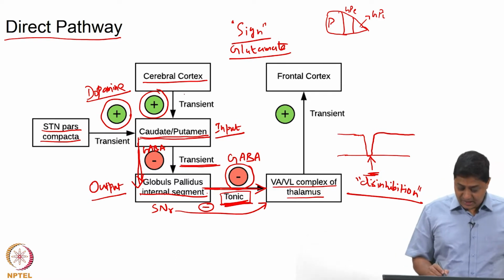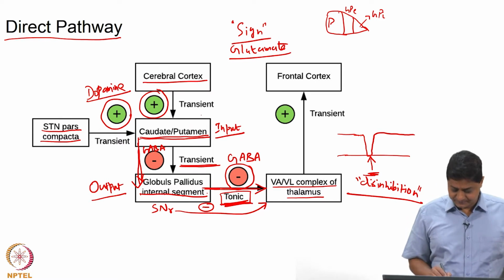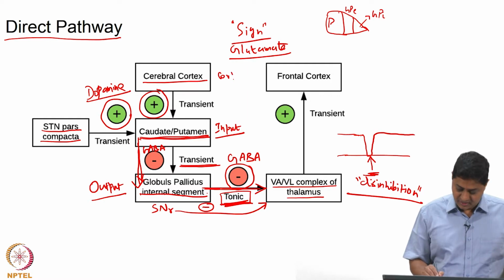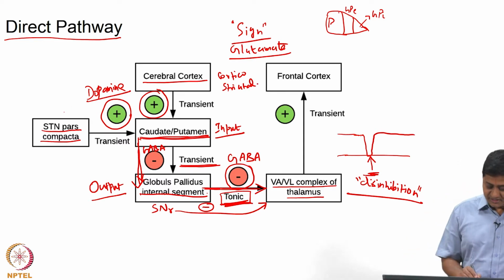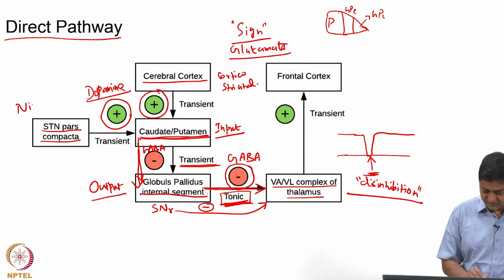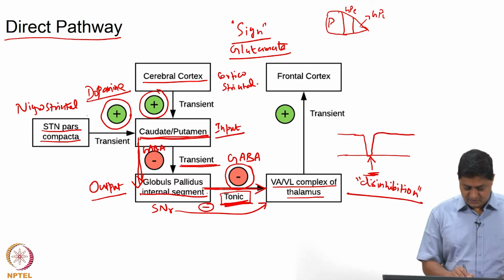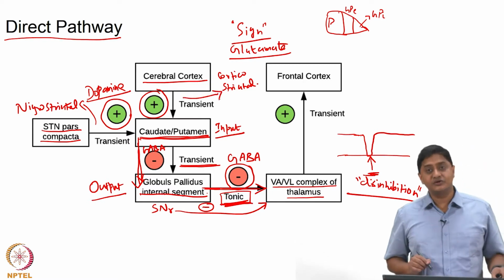This pathway from the cortex to the striatum is of course called the corticostriatal pathway, and this pathway from the substantia nigra pars compacta to the striatum is called the nigrostriatal pathway.